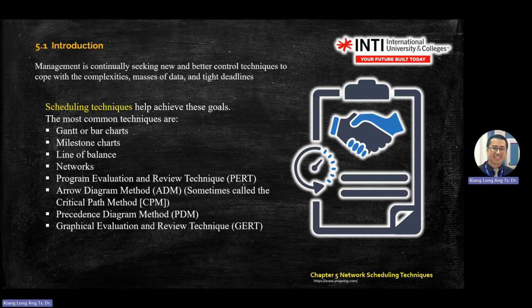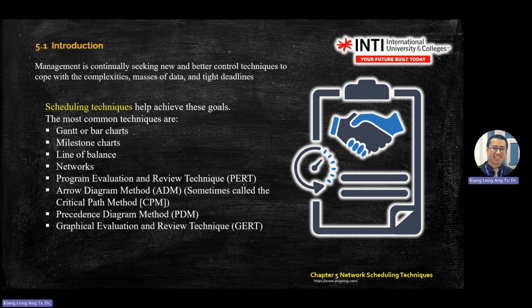Make sure you have that. Milestone chart is almost the same as the Gantt chart, so you can put them together. Line of balance is usually used on the production floor, so this one is not needed in your projects. Network is what we're going to learn.